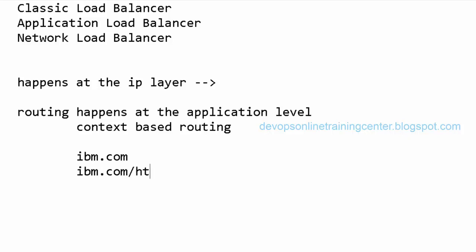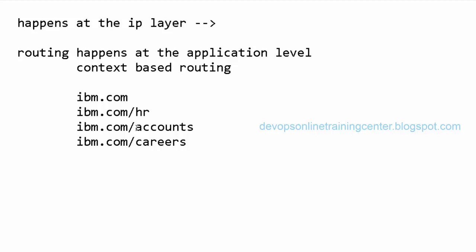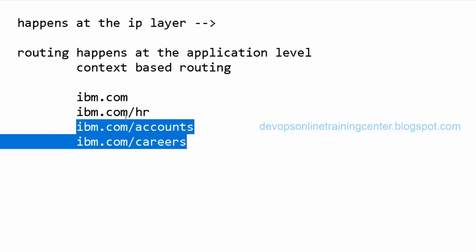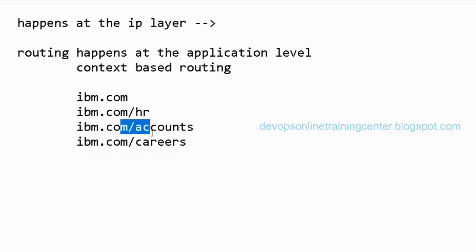When you hit IBM.com/HR, IBM.com/accounts, or IBM.com/careers, for example, these web servers might be running on different servers, but the application load balancer knows, based on the request, which server to redirect to. If it is HR, redirect to one server. If it is accounts, redirect to another server. If it is careers, redirect to another. That context-based routing happens at the application layer.